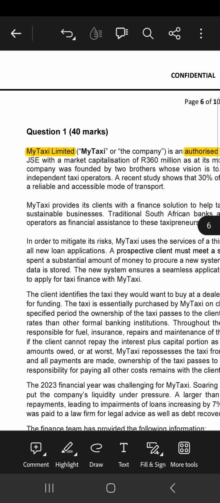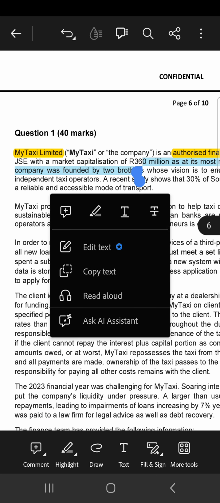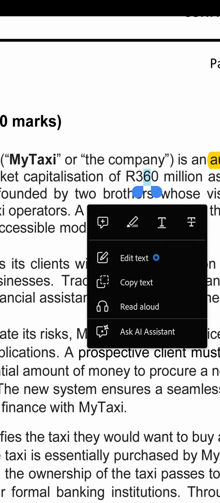So it can be listed on the JSE, or it can be listed on the New York Stock Exchange, etc., etc. But in most cases, it's going to be listed on the JSE, right? And the market capitalization of 360 million. That is something that is super important.